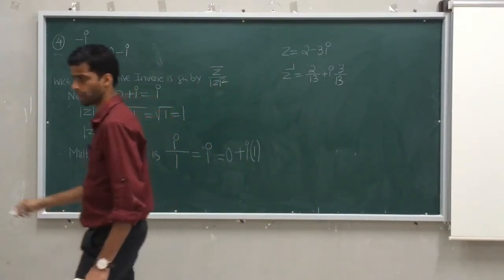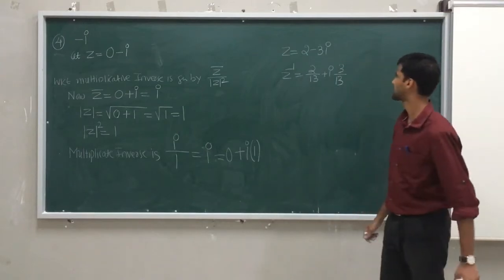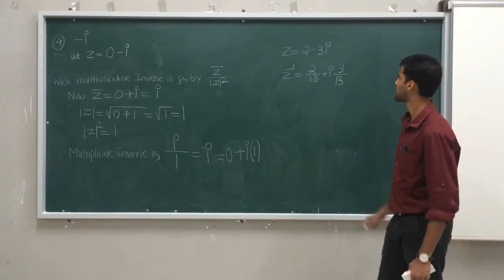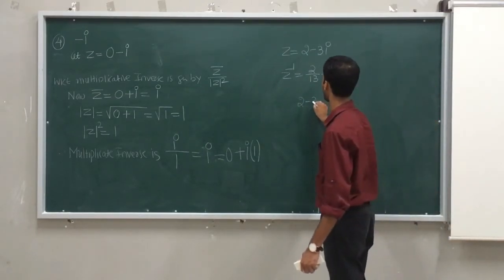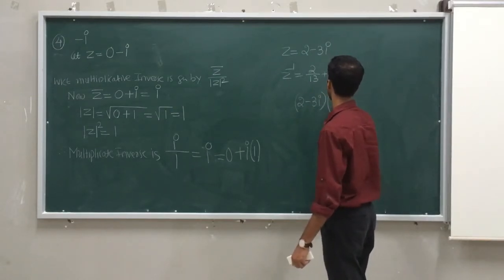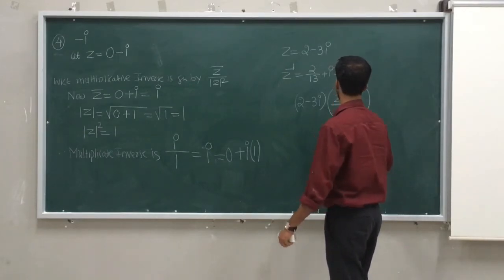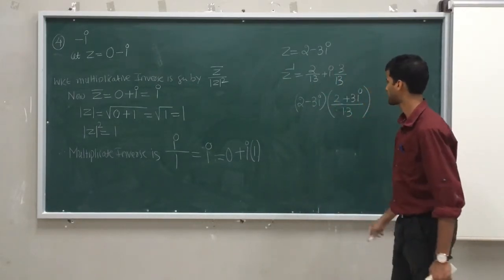So this answer we got. Now how to check this? You just multiply 2 minus 3i into 2 plus 3i divided by 13. Am I right? Because I took 1 instead of the LCM.